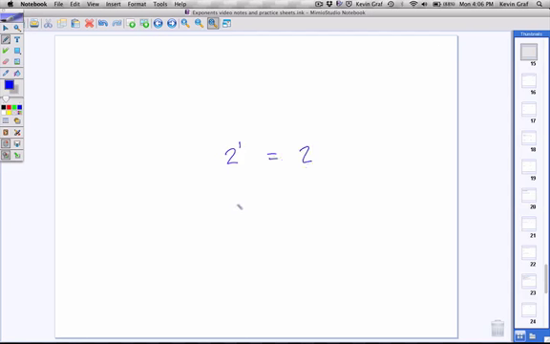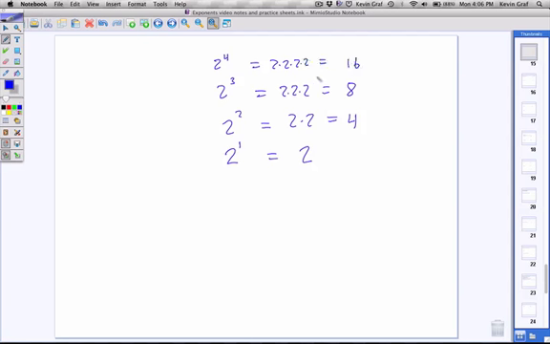If I write 2 to the second power, that's 2 times 2, which is 4. If I write 2 to the third power, that's 2 times 2 times 2, which is 8. If I write 2 to the fourth power, it's 2 times 2 times 2 times 2, which is 16.